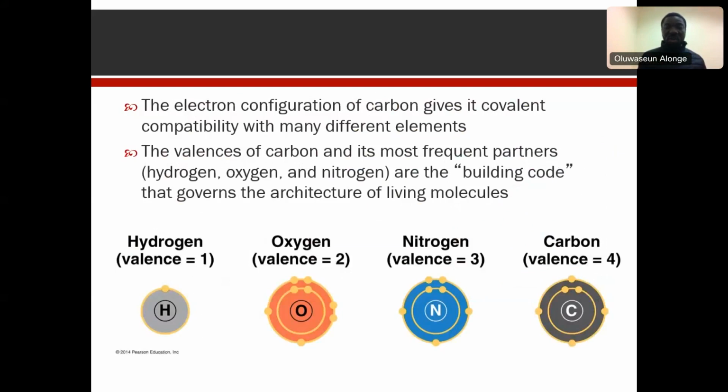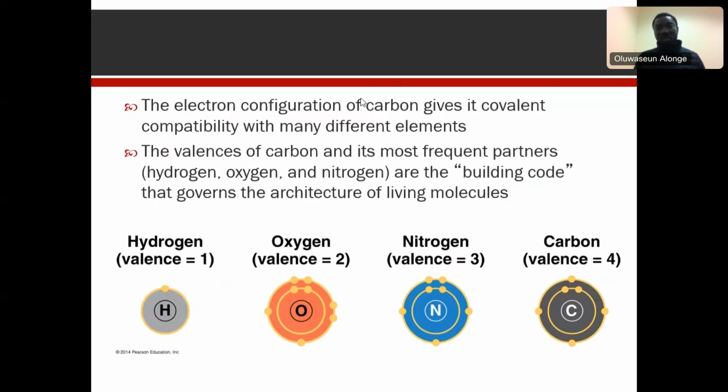When it's equal sharing, we call it non-polar covalent bond. When it is not equal, we call it polar covalent bond, meaning that it draws to one pole or another. That's what you see in oxygen and hydrogen in forming the water molecule. When it is non-polar, that's what you see generally when molecules are formed between two of the same element. Hydrogen and hydrogen atom is going to give you hydrogen molecule. Oxygen and oxygen atom is going to give you oxygen molecule.